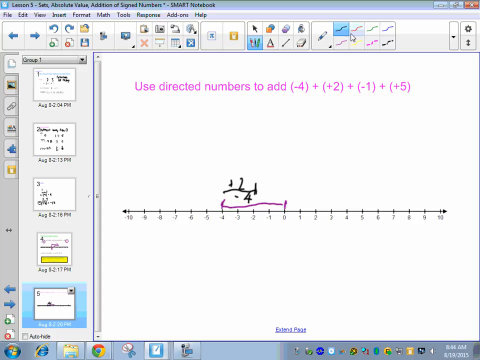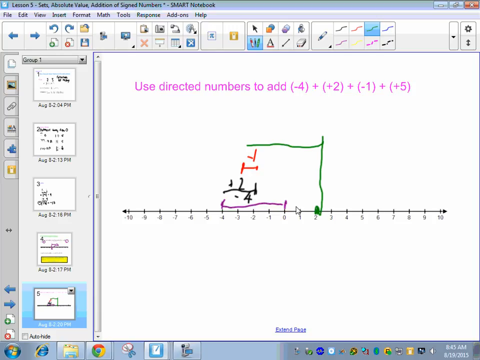Now it wants us to subtract 1 again. So we're going to go from here back 1. So that's getting harder to tell, but now we're at negative 3. And then we want to add 5. So we go from negative 3, up 5, which hopefully, if I went the right way, should end us at positive 2.